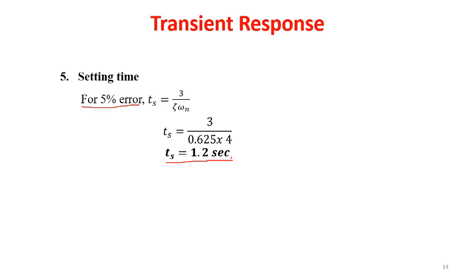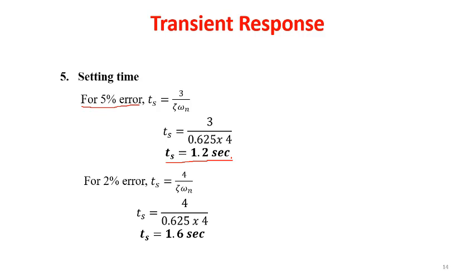Suppose they ask for a 2% error, Ts is equal to 4 divided by zeta into omega n. Hence Ts is equal to 4 by 0.625 into 4. We get for a 2% error, the settling time equal to 1.6 seconds.